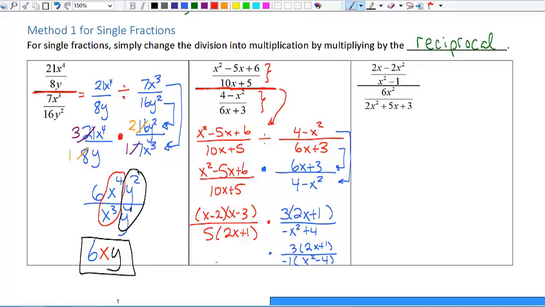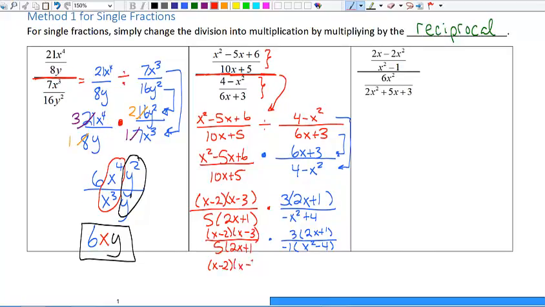And now that's going to be a difference of squares. X minus 2, x plus 2. Everything else stayed the same.